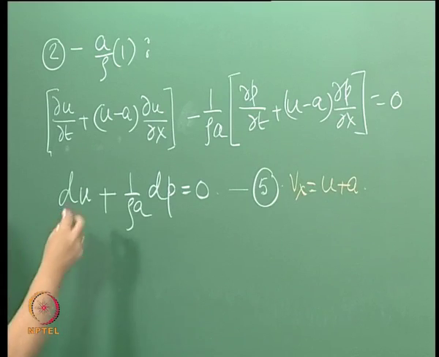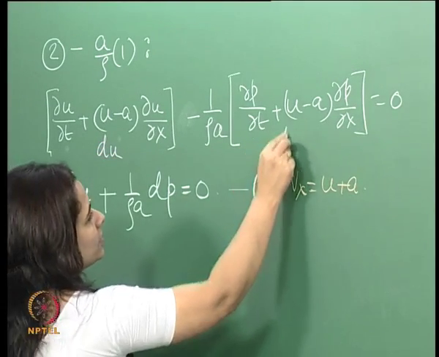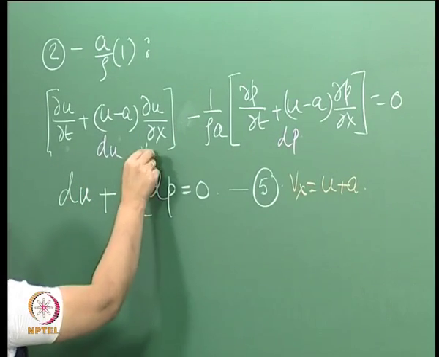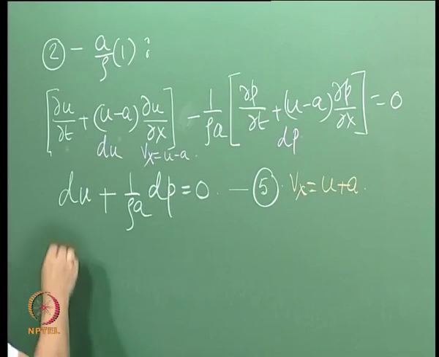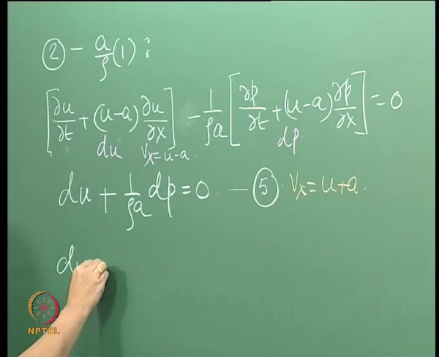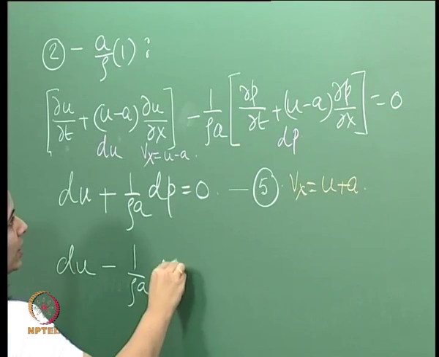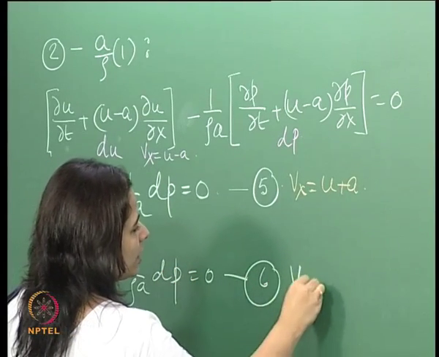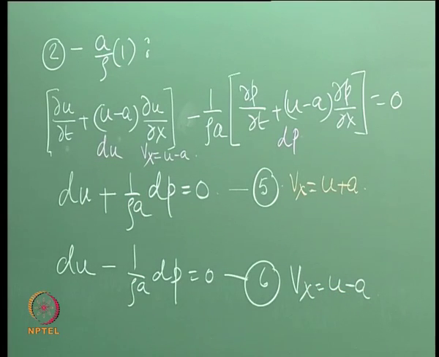So then this also we can say as du. There is however a difference, and this is dp. The difference here is that the velocity with which the particle is moving is u minus a, right? So for that case we can write du minus 1 by rho a dp is equal to 0. Let's call that equation 6. In this case Vx is u minus a.